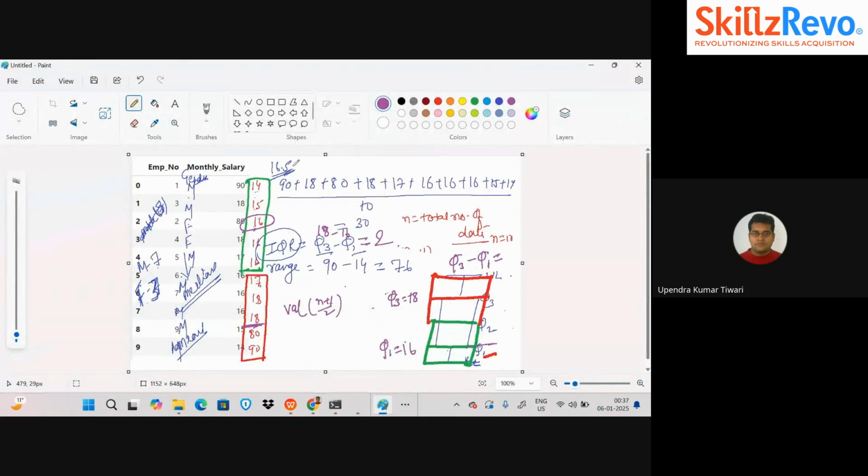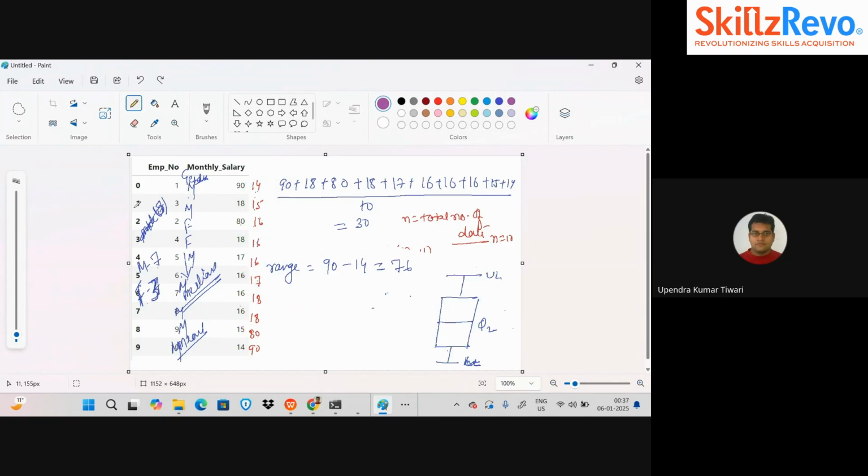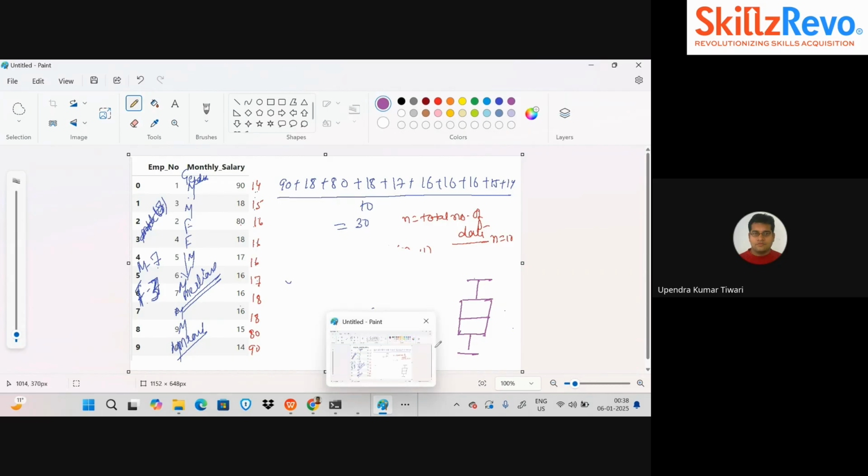If you remember, in box plot we had discussed how to identify the outlier. I told that this is my upper limit, this is my lower limit.